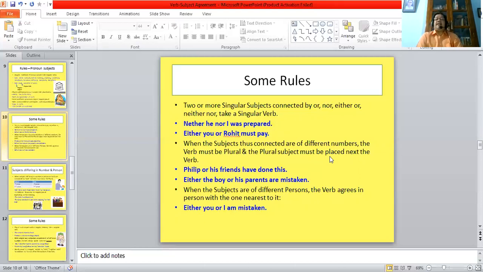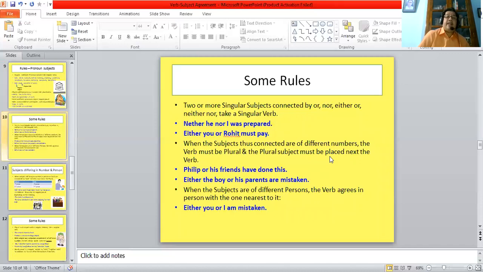Now, when the subjects thus connected are of different numbers, the verb must be plural and the plural subject must be placed next to the verb, like this, for example: Philip or his friends have done this. So "have done" is placed next to the plural subject, friends.